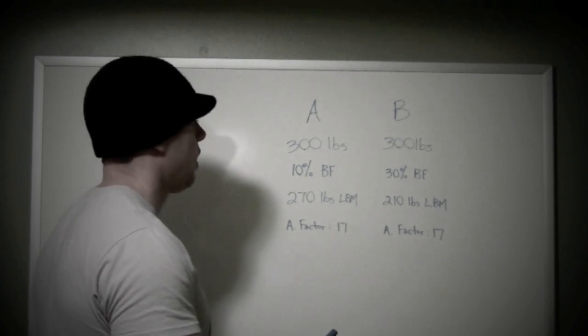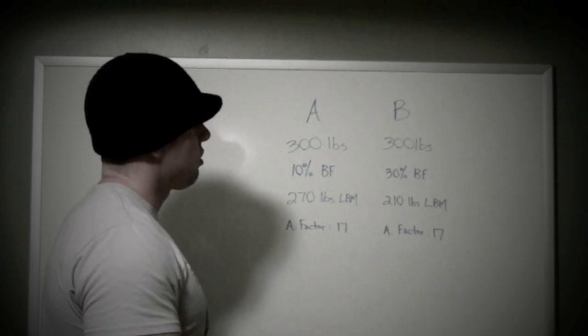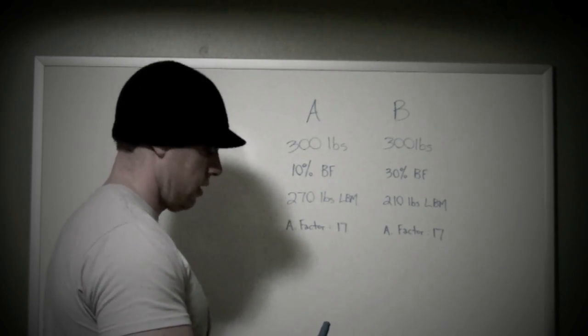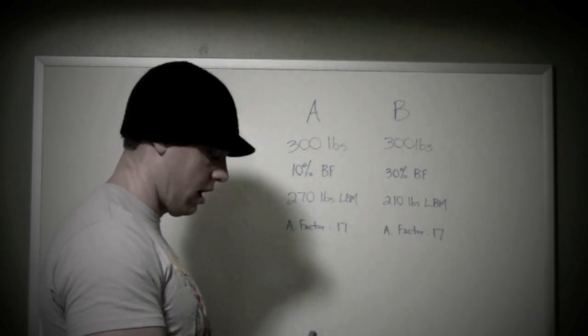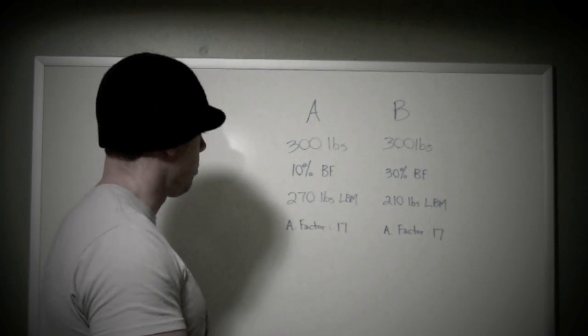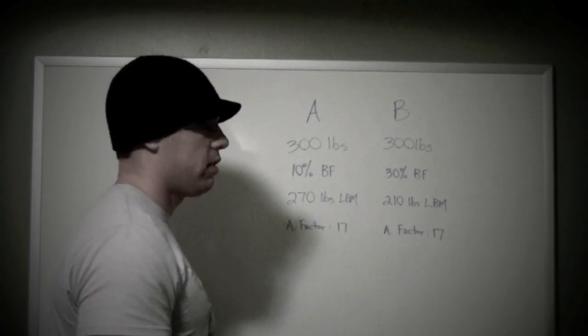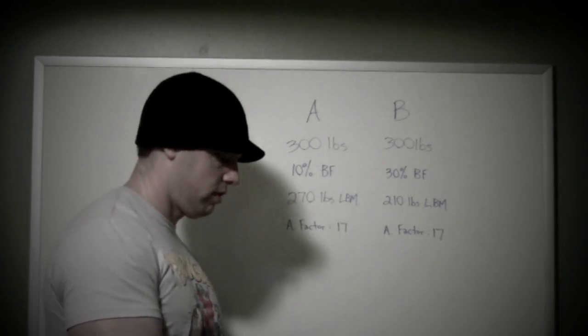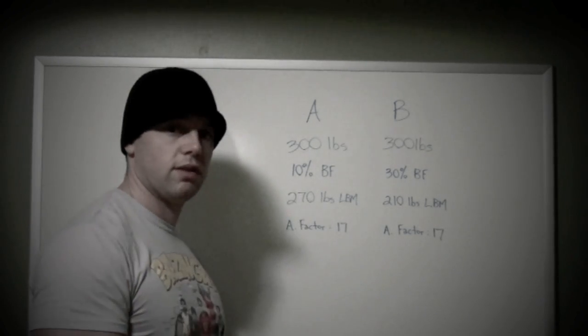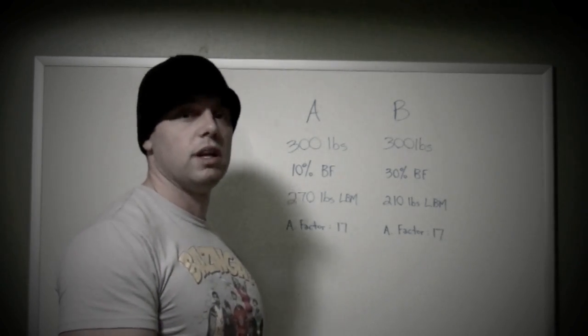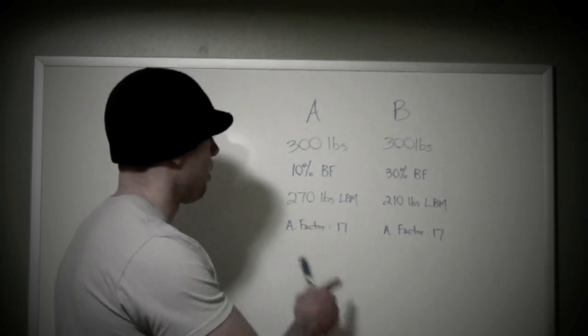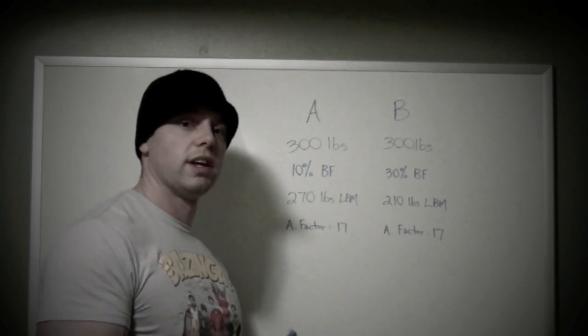So all I'm going to do now is figure their daily caloric needs, and let's lay those out. So we've got 270 pounds of lean body mass, which is the main primary factor that I use in determining caloric intake, and then I multiply that by their personal activity factor.